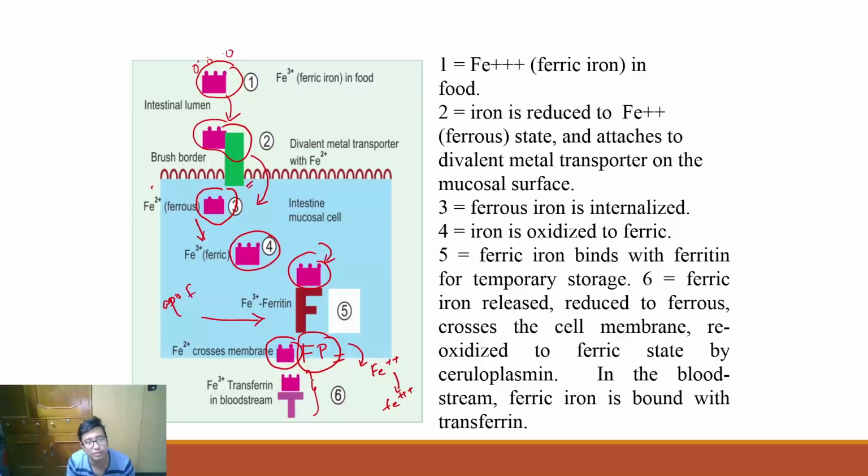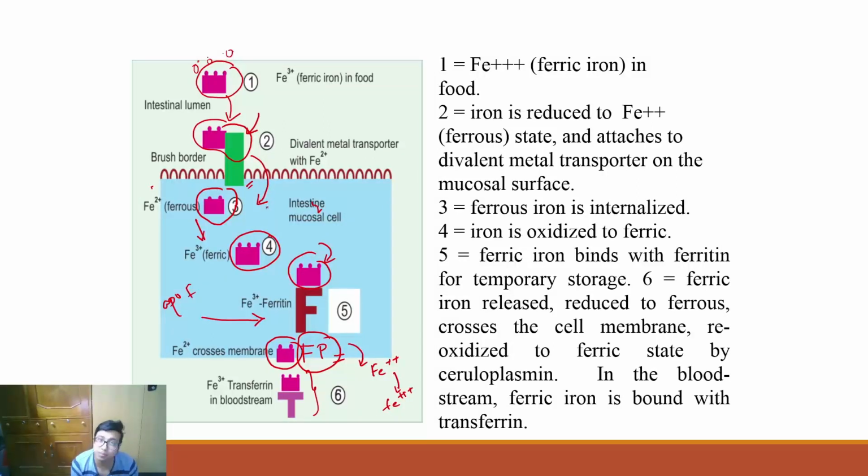So let us revise once again. Iron is present in the diet in ferric form or ferrous form. If it is present in ferric form, it needs to be converted to ferrous form. When it is converted to ferrous form, it combines with DMT1, divalent metal transporter 1, and crosses the cell membrane.